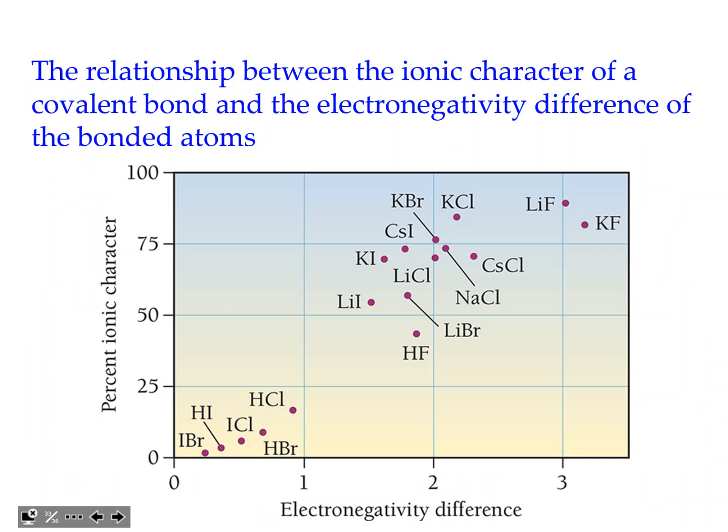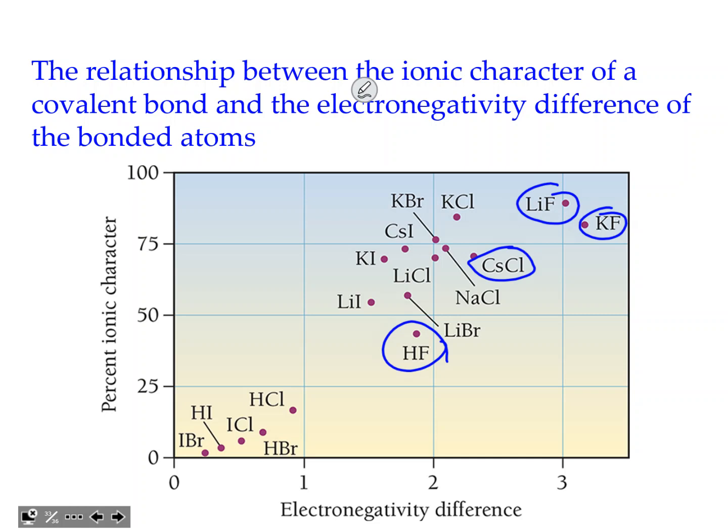All right, one more quick thing and then we'll stop. The relationship between the ionic character of a covalent bond and the electronegativity difference of the bonded atoms here. What you should notice is over here, we have lots of electronegativity difference. What you notice about all of these is they're mostly going to be metal, non-metal. However, HF is very close.